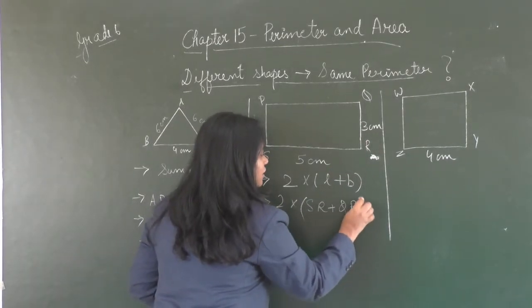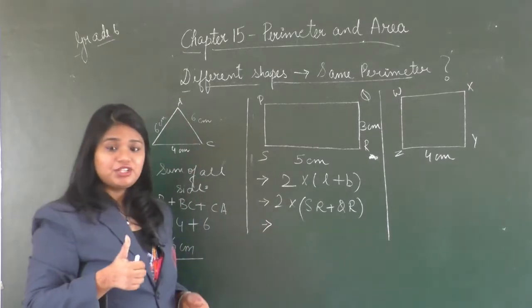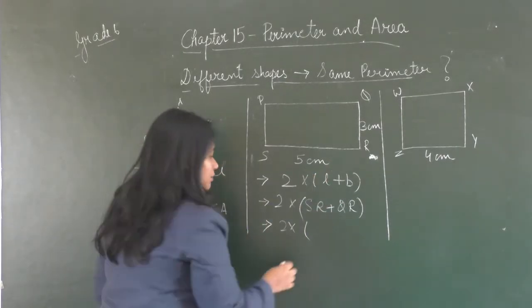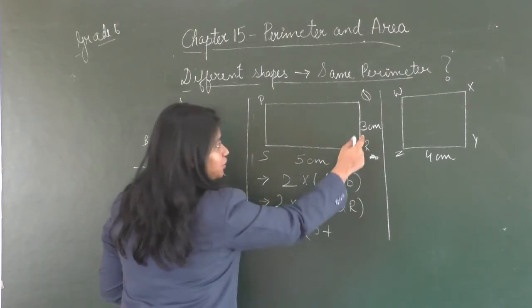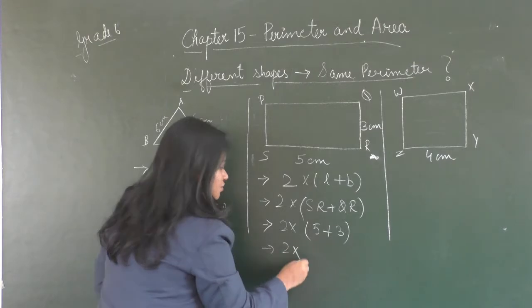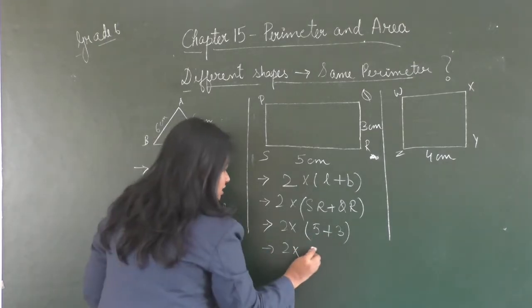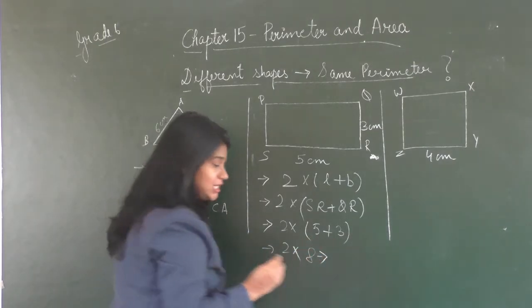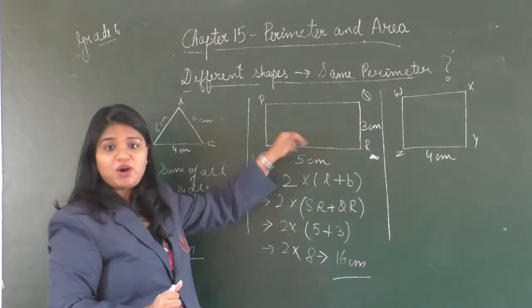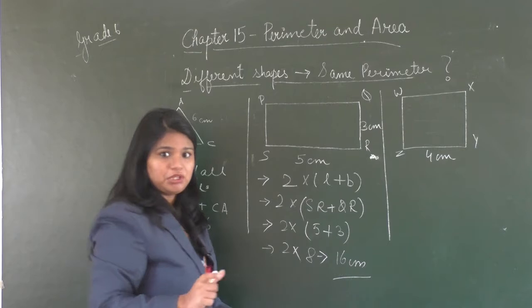So I will write RQ. Let's substitute the values, that is 2 into SR is 5 centimeter and QR is 3 centimeter. So 2 into 5 plus 3 is 8. So 8 2s are 16. So we got the perimeter of rectangle PQRS as 16 centimeter.